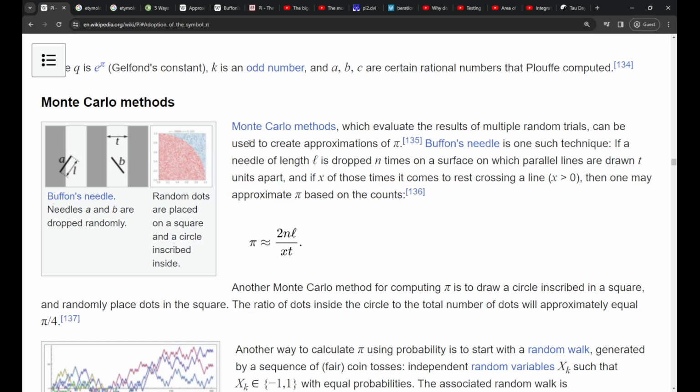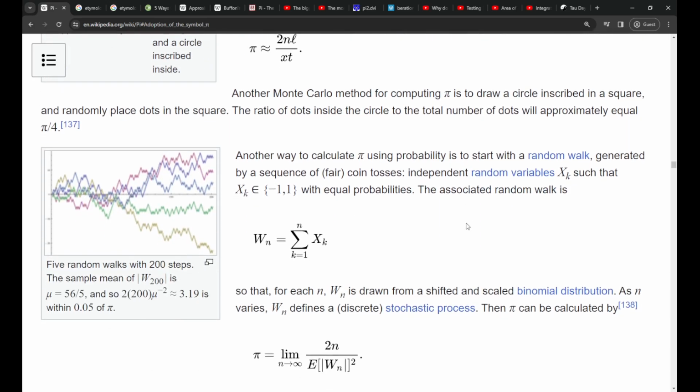You run an experiment many, many, many times and use the numbers you get from that to approximate. Here's another one. Random dots are placed on a square and a circle inscribed inside. And some formulas for that.